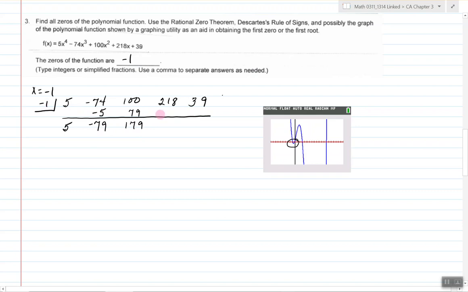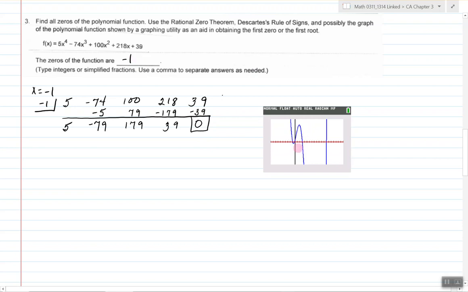179 times negative 1 is negative 179. That's going to give me a 9. I think it's going to give me 39. It'll be positive. 39 times negative 1 is negative 39, 0, yay. I have the first 0 at negative 1.